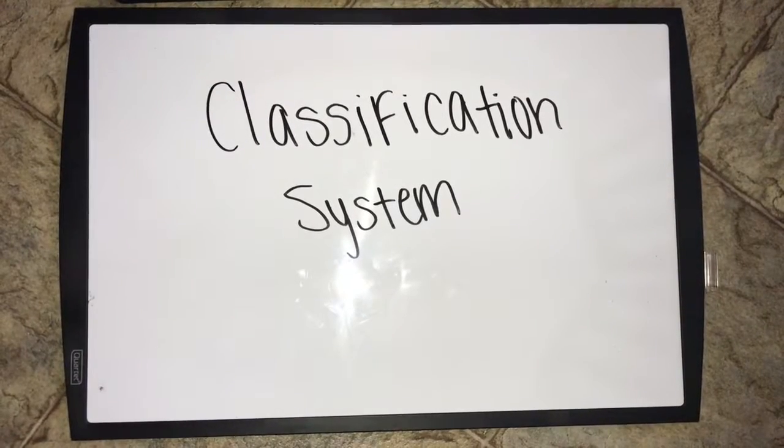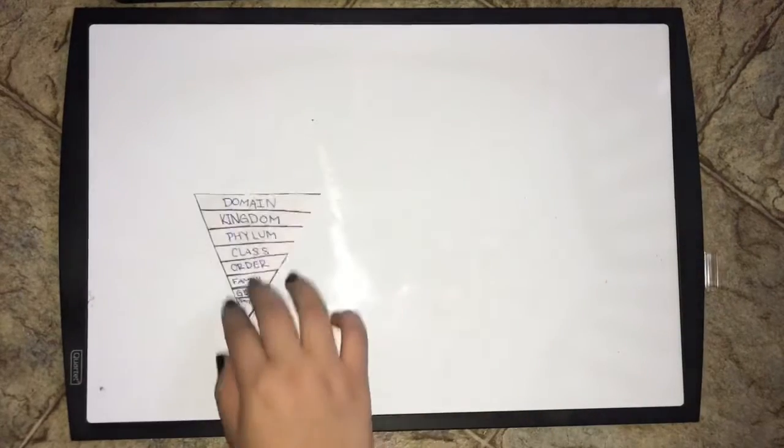So today we're going to talk about the classification system and everything that is under the topic of classification system. If you didn't know, the levels of classification are domain, kingdom, phylum, class, order, family, genus, and species.